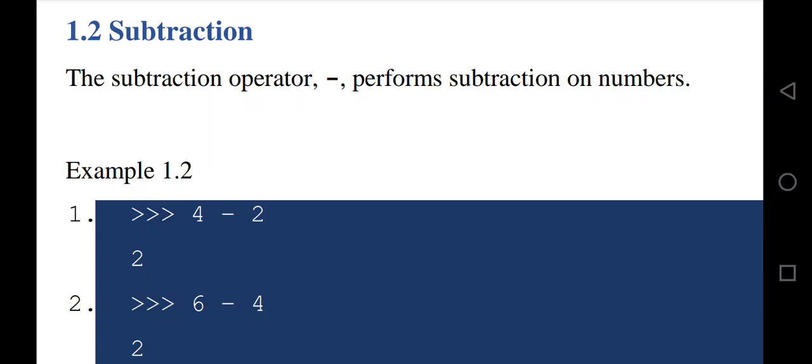Hello guys, this is subtraction, or the subtraction operator in Python. The subtraction operator is what we use to perform subtraction on numbers, and it is represented with the minus sign.